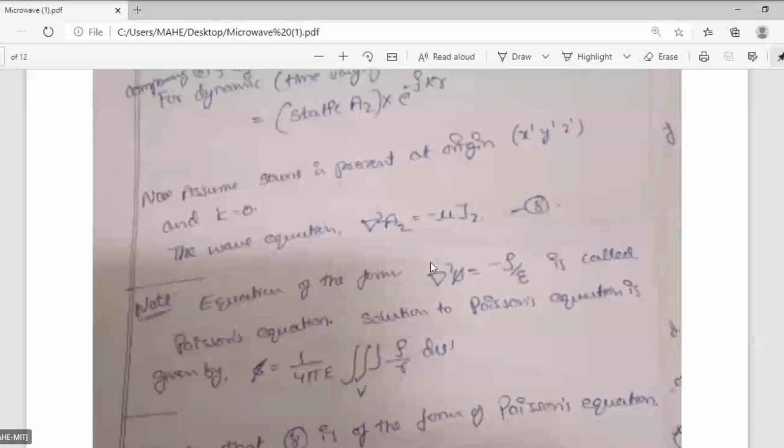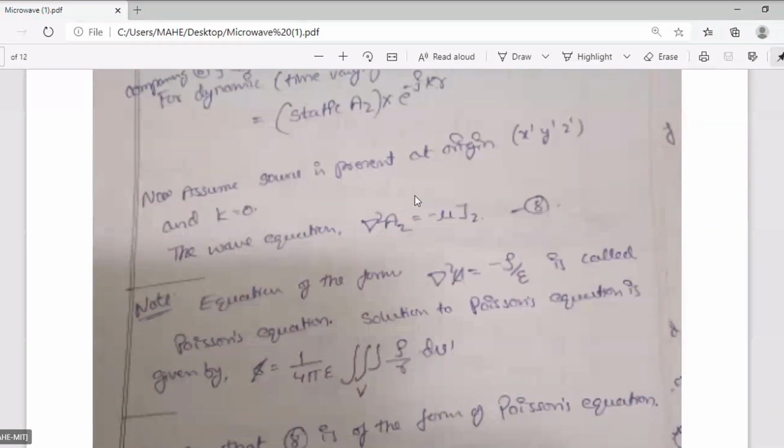Now an equation of this form has already been discussed in EMW. Del square phi, where Az is a scalar now because it has only one component, the z component, is equal to minus rho by epsilon. This equation and that equation are similar.